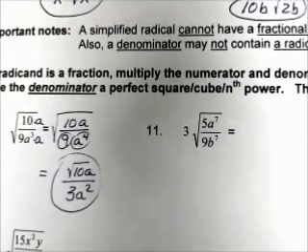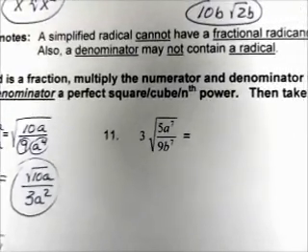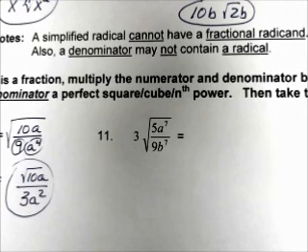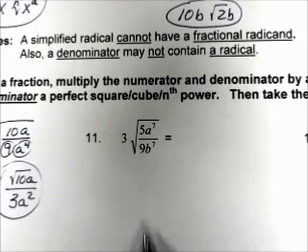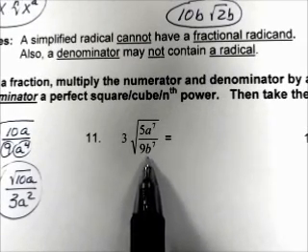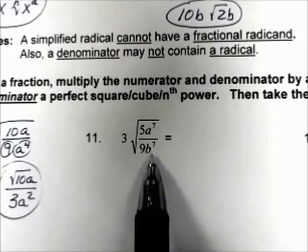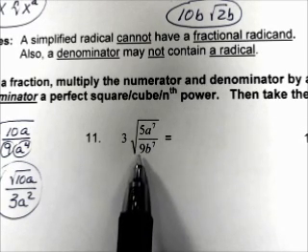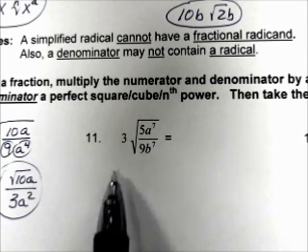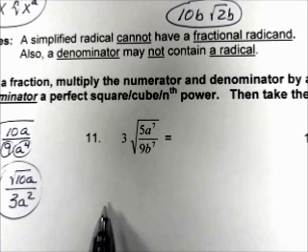Let's look at number 11, which starts out as 3 times the square root of 5a to the 7th over 9b to the 7th. Again, our focus is on what's called rationalizing this denominator. 9 is a perfect square, it has a square root, but b to the 7th is not a perfect square.